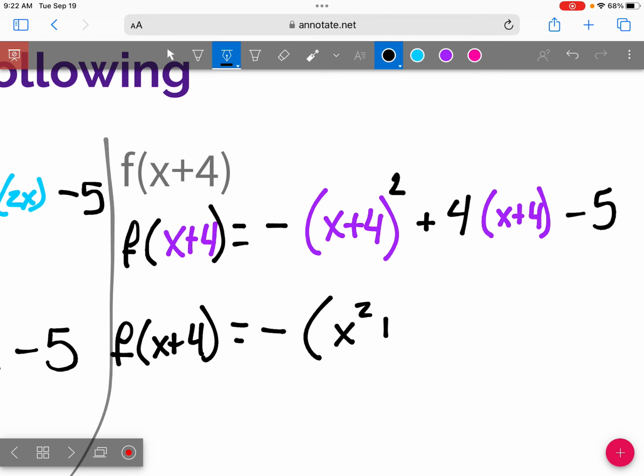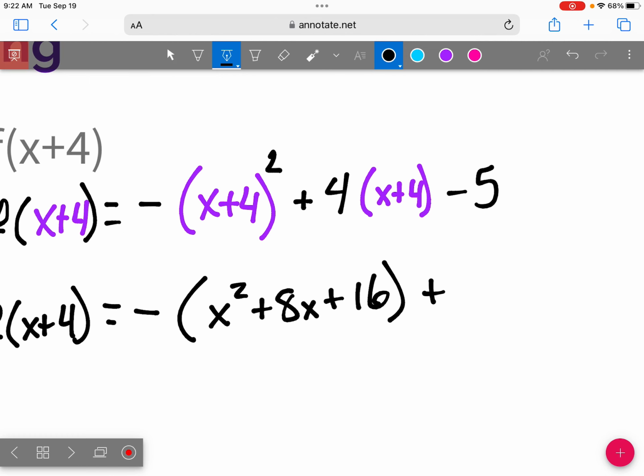X squared plus 8x plus 16 plus 4x plus 16 minus 5. I put my x plus 4 quantity squared in parentheses because we still have this minus sign out front. I've got to distribute my minus sign through before we can be done.